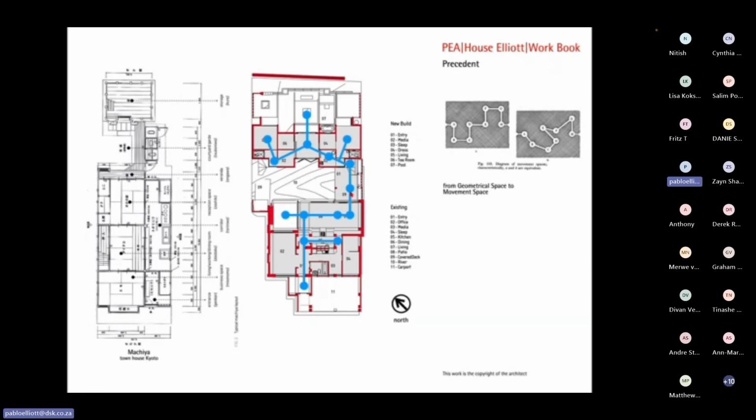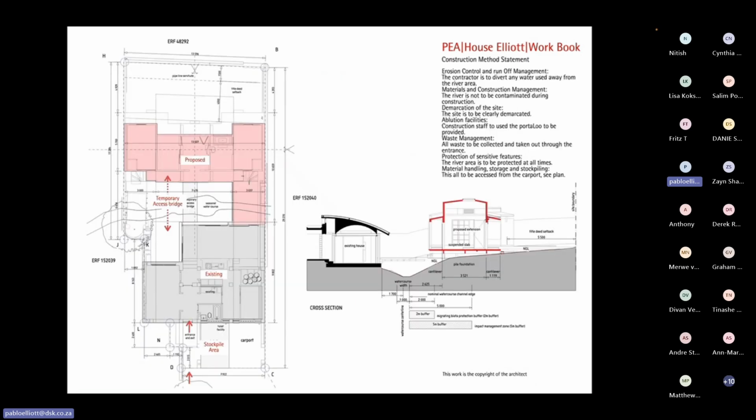Then there's a bridge across the river, which is open and covered. And then in here we have the addition, which is the mass timber part, which has a central double volume space with an ensuite bedroom and dressing area, another bedroom at the back, a library, and then a little attic situation above it.